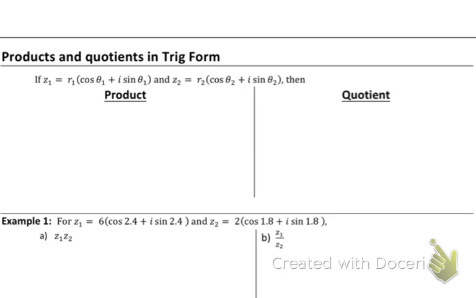So today we're just going to talk about the product and the quotient rules that apply to multiplying and dividing complex numbers when they're in their trig form.